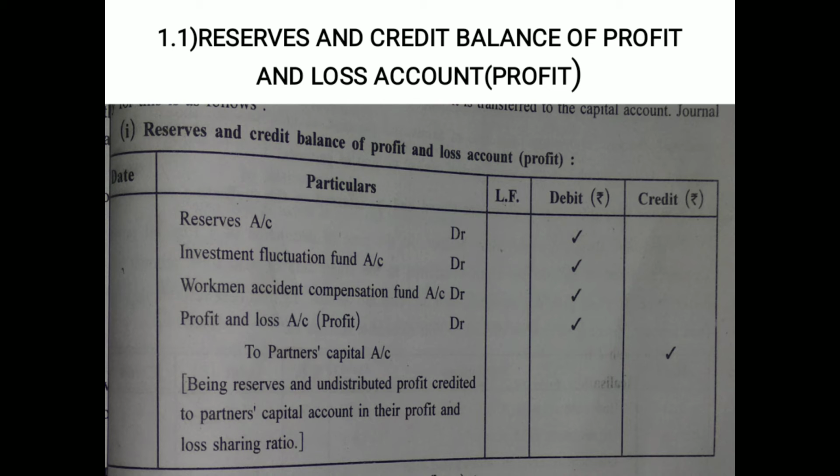Let us read the narration. Being reserves and undistributed profit credited to partners' capital account in their profit and loss sharing ratio. So this is the journal entry for reserves and credit balance of profit and loss account.